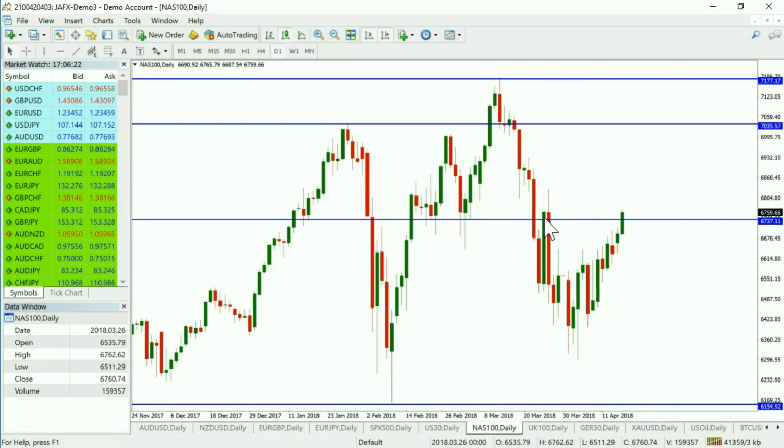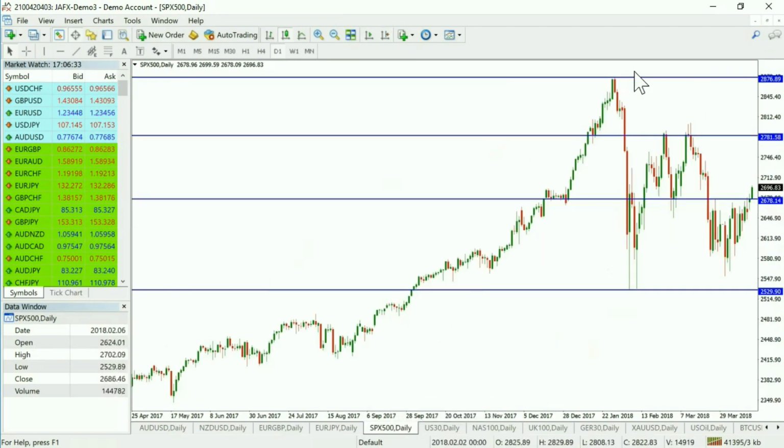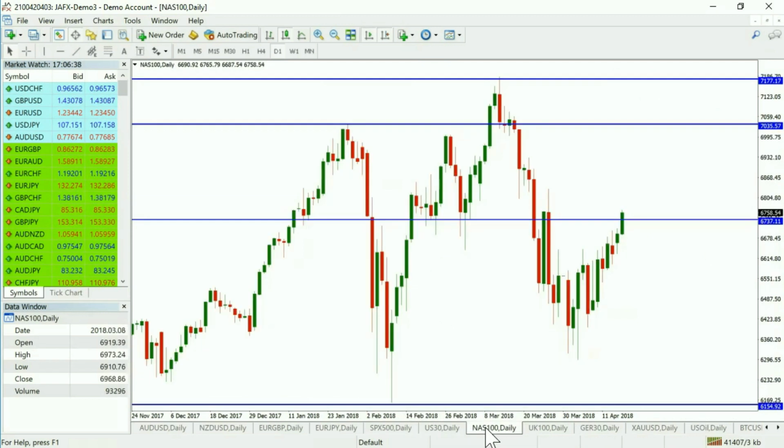The same situation applies. It's marginally cleaner in the Nasdaq, whereas the S&P and the Dow Jones failed to break this high before collapsing. What we saw in the Nasdaq was the same high.